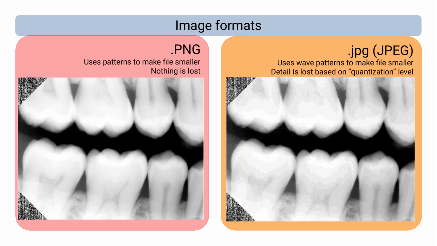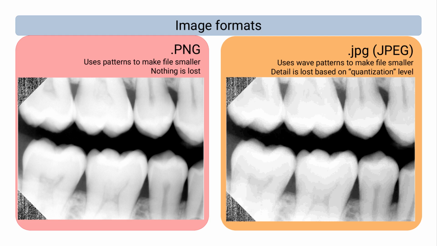Don't worry too much about it, but the idea of lossless compression is that nothing is ever lost. The pixels that are saved are the actual pixels that were in the original image. A lossless image tends to be a little bit larger in size compared to a lossy image.